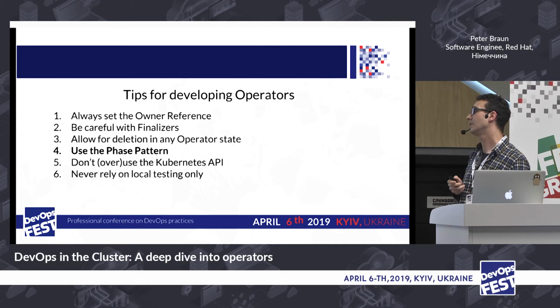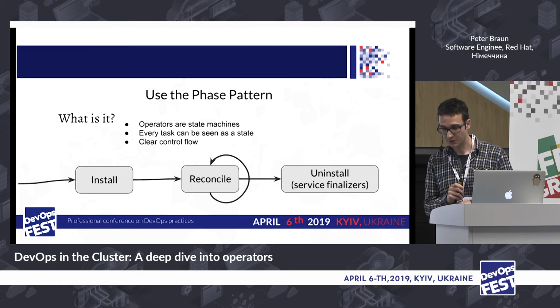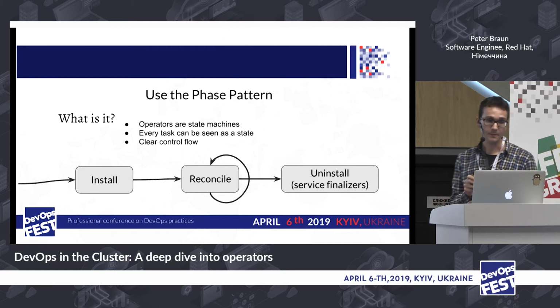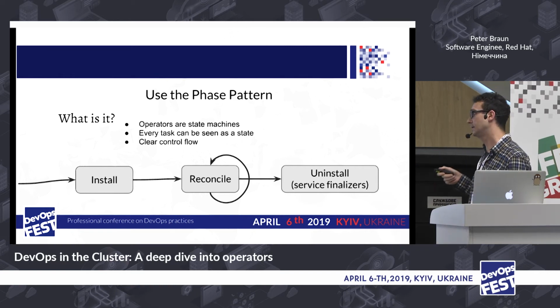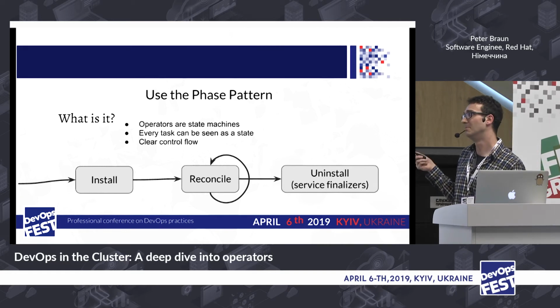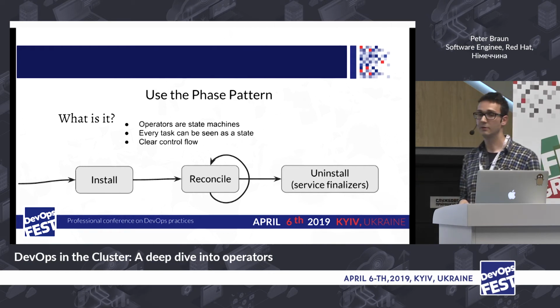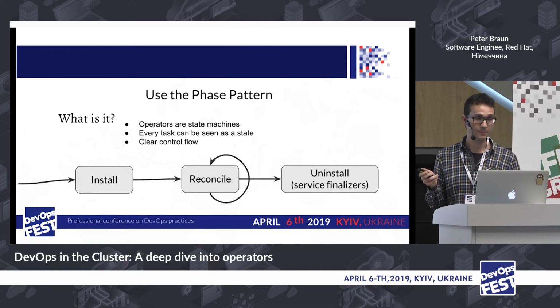Okay, the next one is: use the phase pattern. So what is the phase pattern? Basically, it's to treat your operator as a state machine. For example, you could see every task that your operator fulfills as one state that it's in. Our operators often have multiple install phases. First, we set up all the config files, then we create all the deployments, then we wait until all pods are ready, and this gives you a very clear control flow.